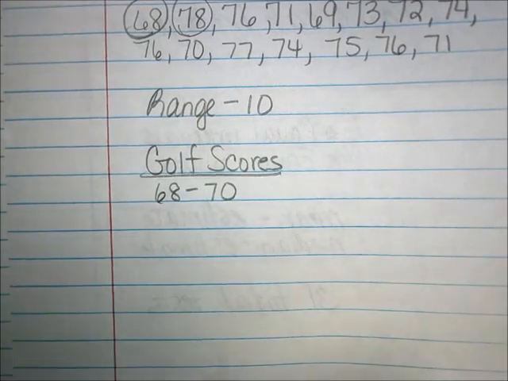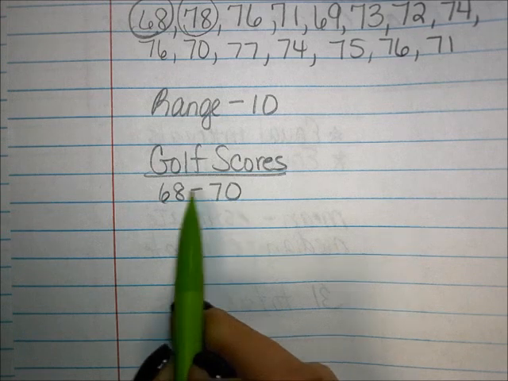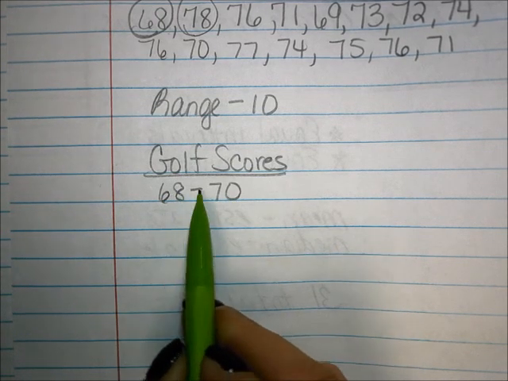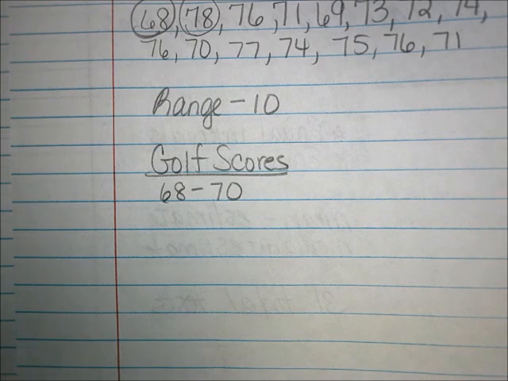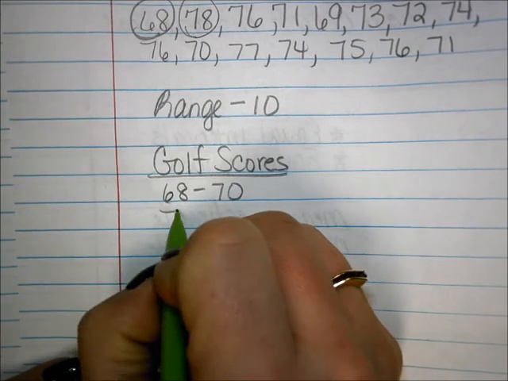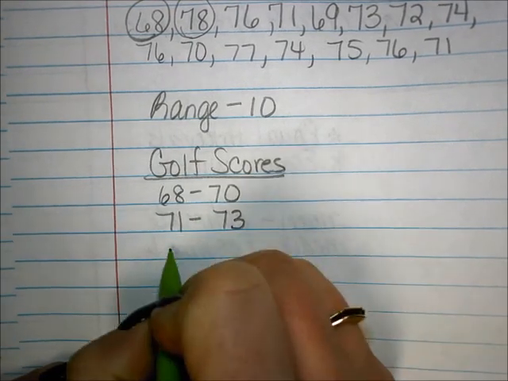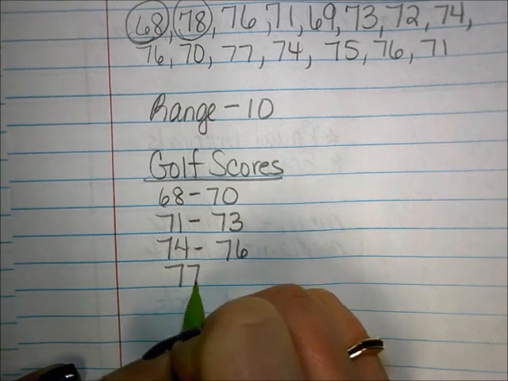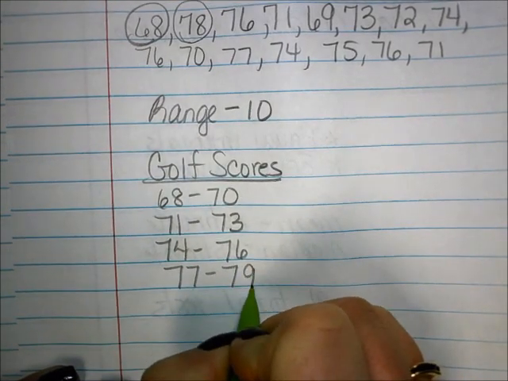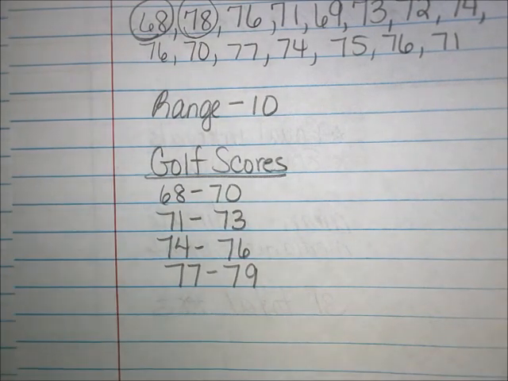So that's actually an interval of 3, right? 68, 69, 70. It's a difference of 2, but there's 3 numbers in there. Now I just have to make sure I make all the other ones the same. So then if I do 71, I'll have to do 73. 71, 72, 73. 74 to 76. 77 to 79, and that's high enough because I only really needed to go to 78.